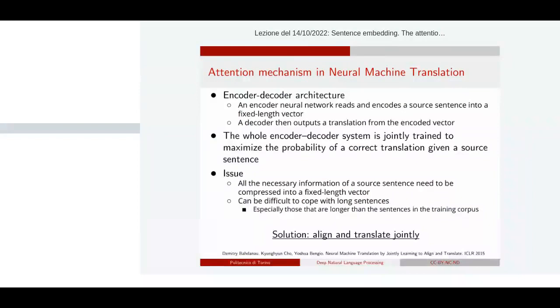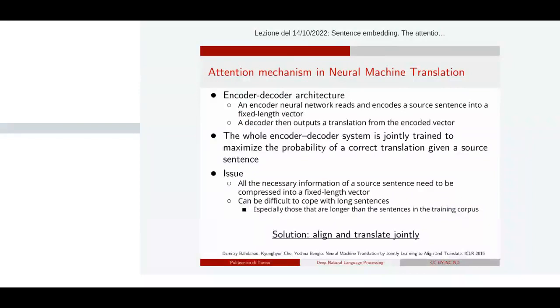So basically, while encoding the source text, you are summarizing all the key information in a fixed size vector of numbers, and this may result in a partly lossy representation, especially when you have complex and long pieces of text to translate. When I have very short pieces of text, the loss can be limited, but with long pieces of text, even complex in structure, you may miss relevant information.